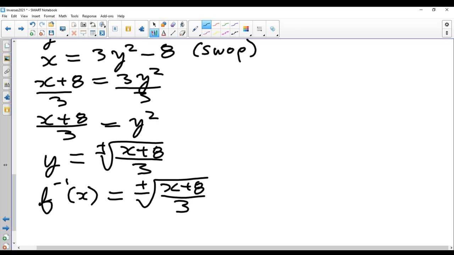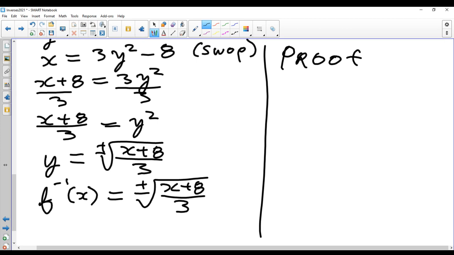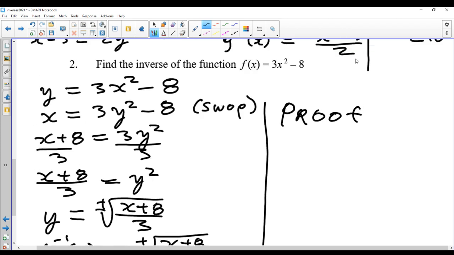That's my inverse function. All right? That is the function that reverses the effect of the original function. Let's prove it. Give me a number between 1 and 10, please. 6. Okay. So here is my proof. I'm going to find the f of 6.